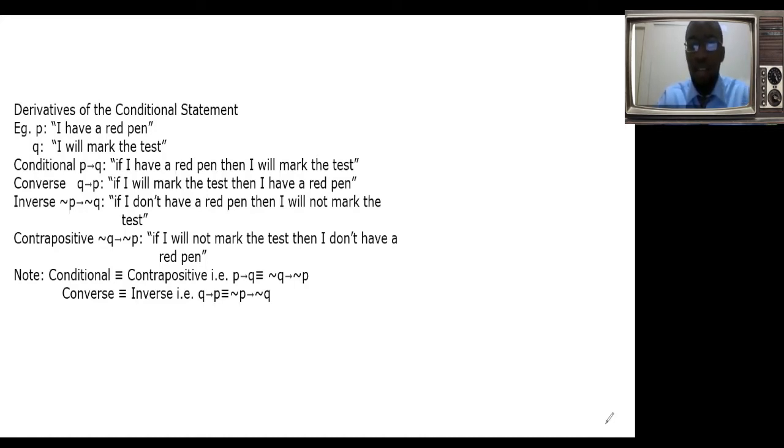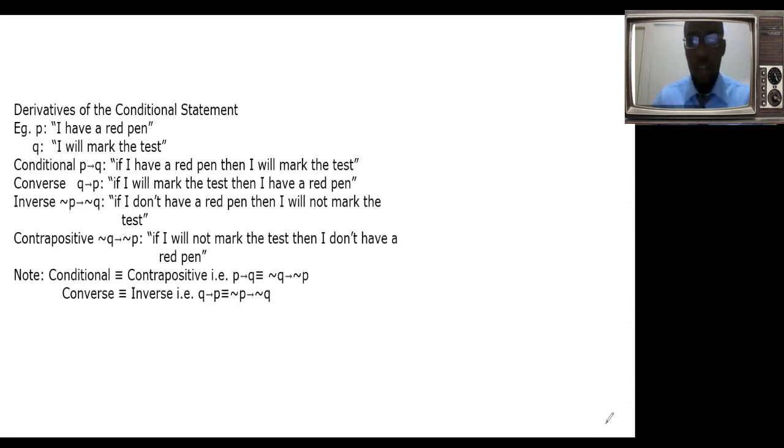And then the inverse is if I don't have a red pen, then I will not mark the test. The inverse is given by not P implies not Q. Then the contrapositive is given by if I will not mark the test, then I don't have a red pen.